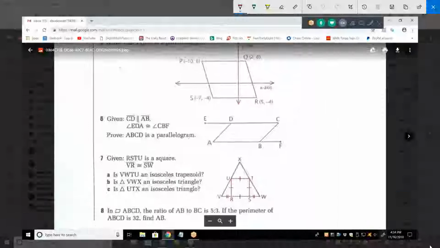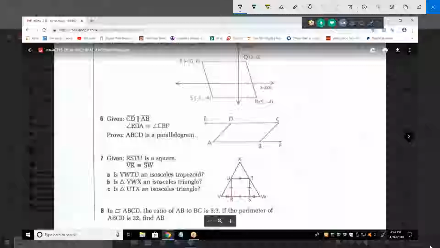Given RSTU is a square, VR is congruent to SW. Is VWTU an isosceles trapezoid? Definition of a trapezoid?